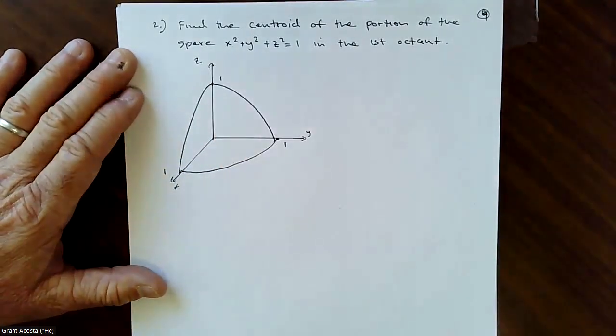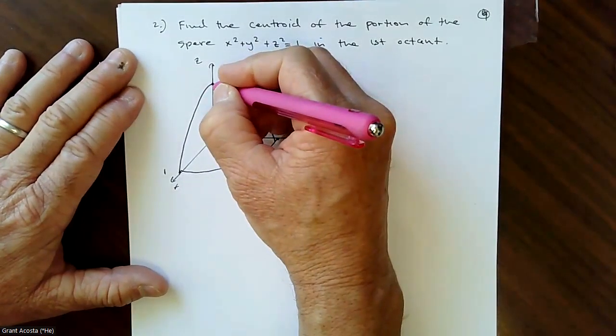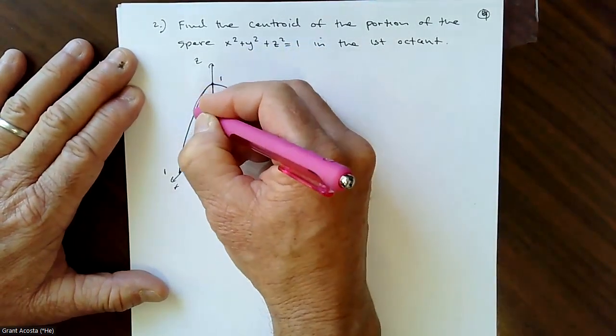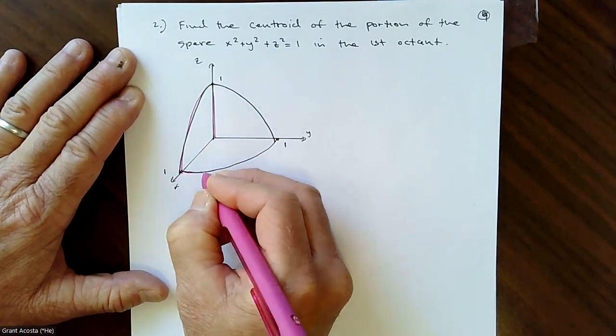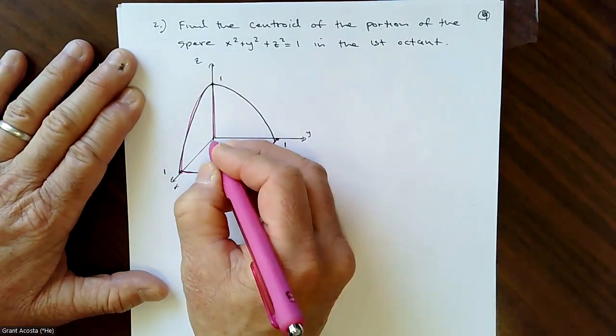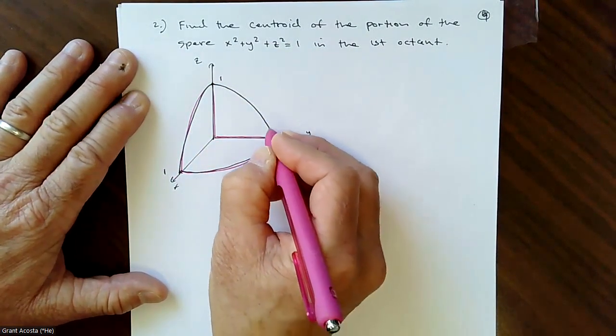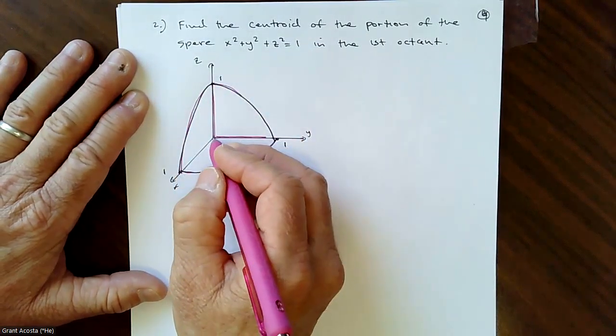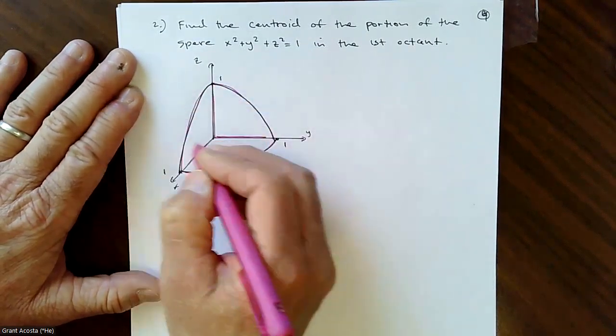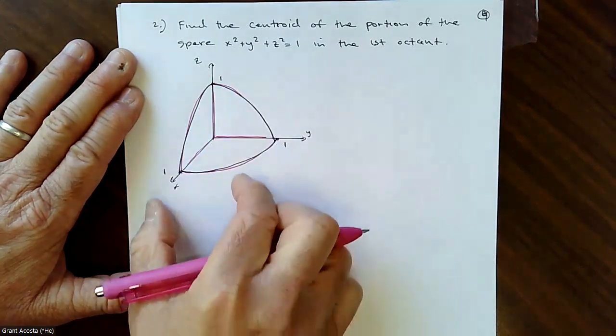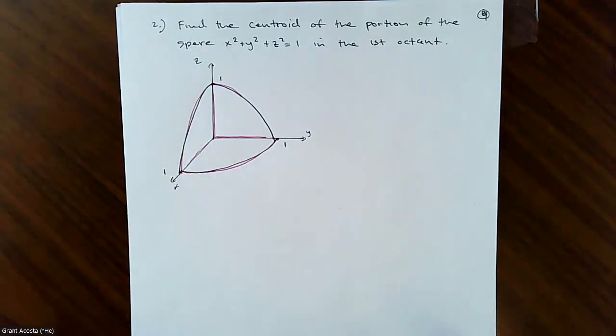This is the solid we're finding the centroid of. It's about an eighth of the sphere: there are 4 sections like this above, and then the bottom half of the sphere would have another 4 sections.